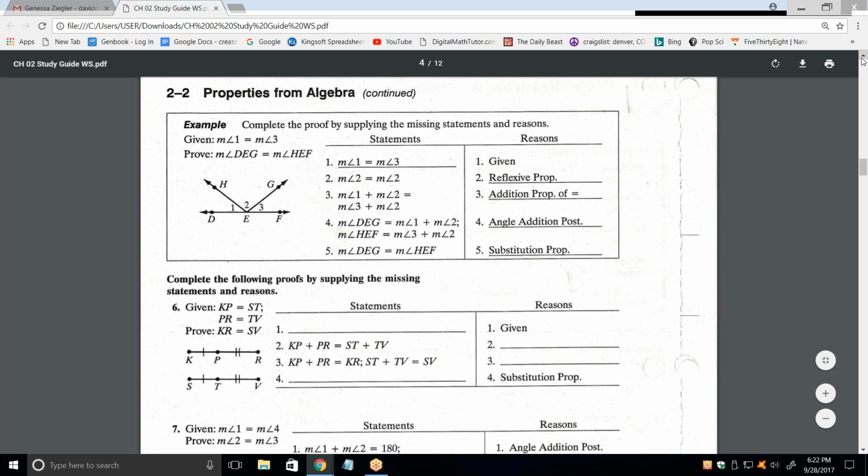All right, so let's look at number 6. These should be relatively easy because they give us one column from each row. Those are always easy. What is statement 1 for number 6? KP equals ST, PR equals SV. Okay. What is the reason for number 2?